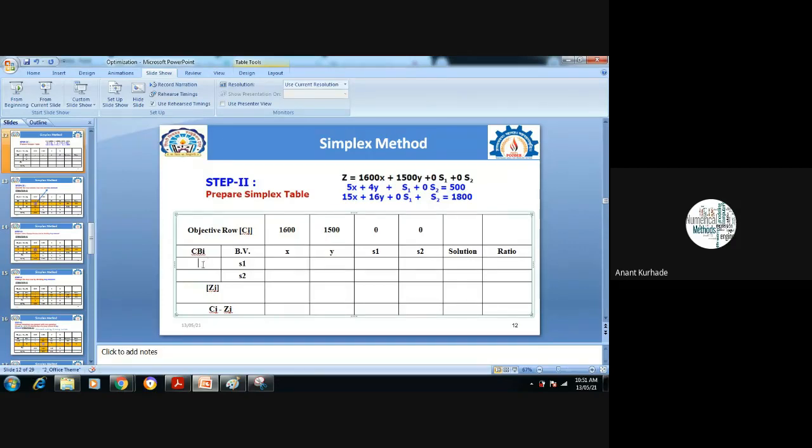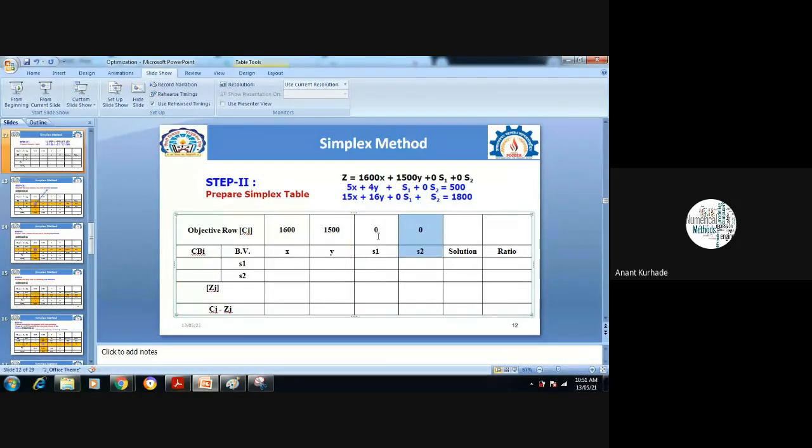So what is the coefficient of S1? Write down the coefficient of S1. Wait, sorry. This coefficient is not from your first constraint. Some part is still remaining from your objective function, so we have to write it directly.